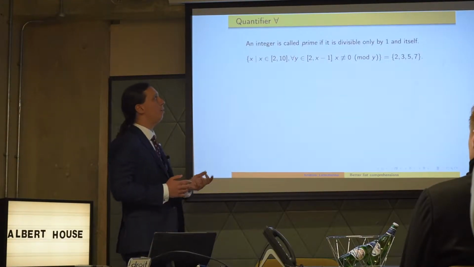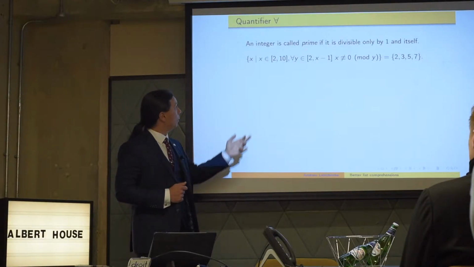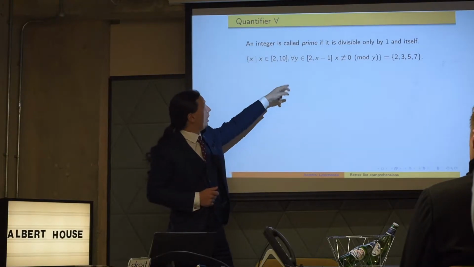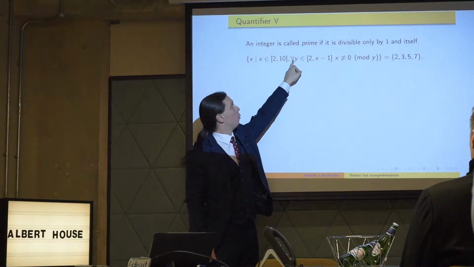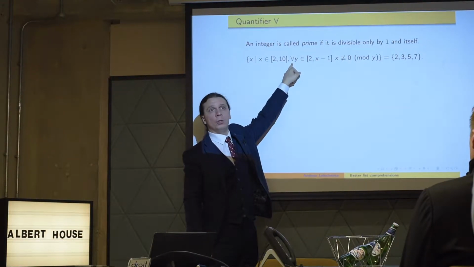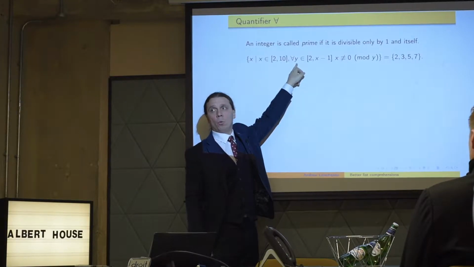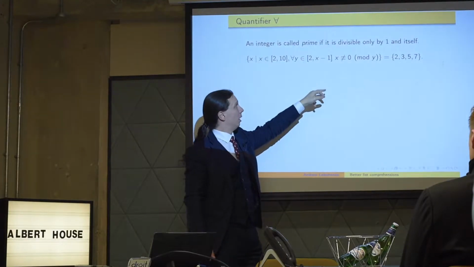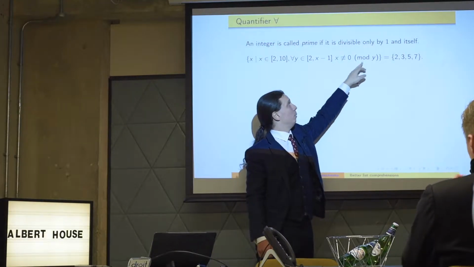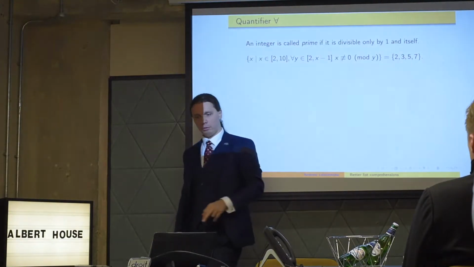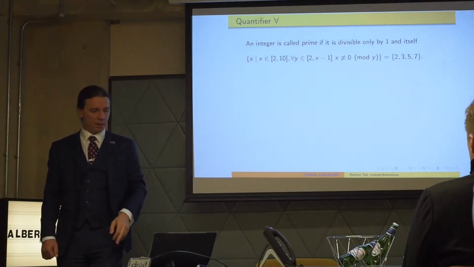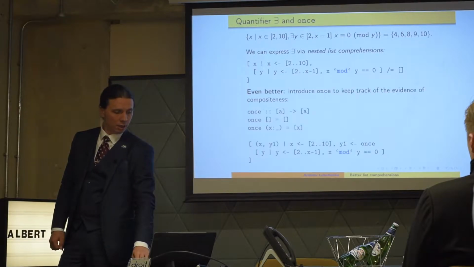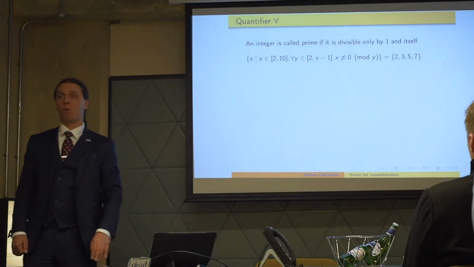It's 2, 3, 5, 7. And what we say here is our source of access, and here is our condition that for all, not that there exists one, no, for all y's from this list, x is not divisible by y. So previously we worked with the quantifier of existence, and here is the quantifier for all.